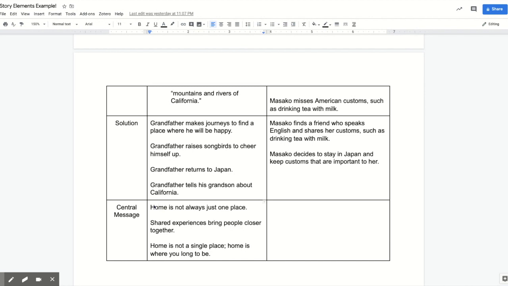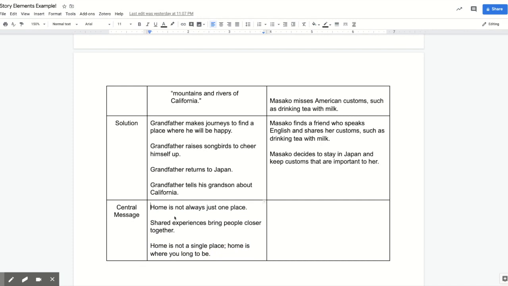And again, I want to emphasize that you see here that there is no Masako or grandfather or the grandson, because a central message needs to be a lesson that you can take with you wherever you go, any situation. Okay, so it's not the main idea, right?